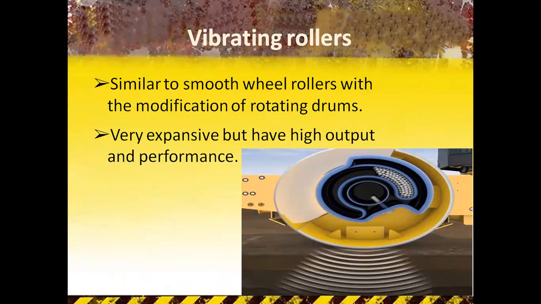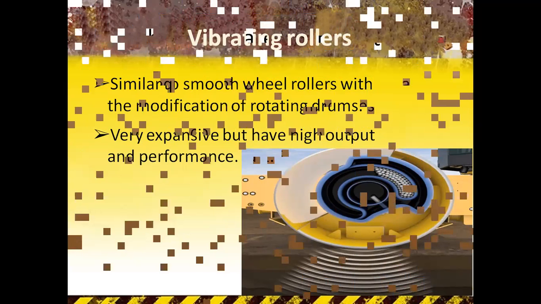Nowadays, these are the updated smooth wheeled rollers in which an inbuilt rotating drum can be placed, so that it can compact with its self weight and also by vibrating, giving high output and increased performance, and these vibrating rollers are very expensive.